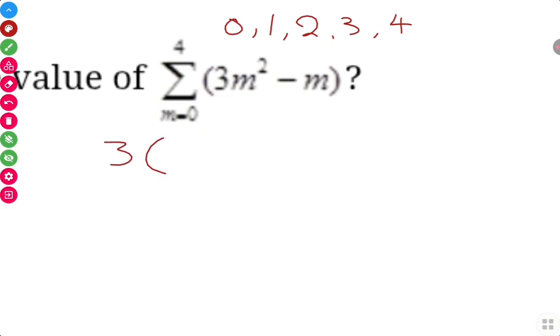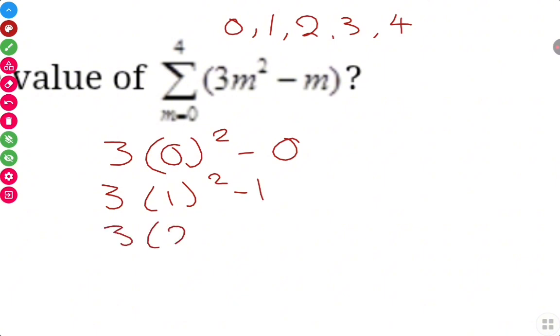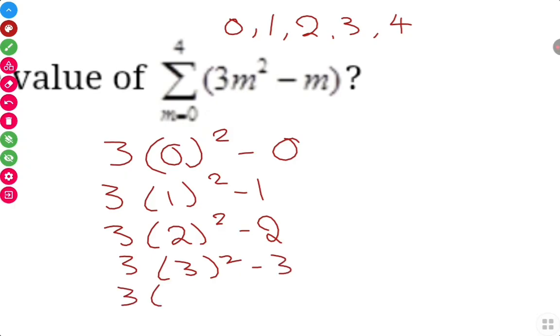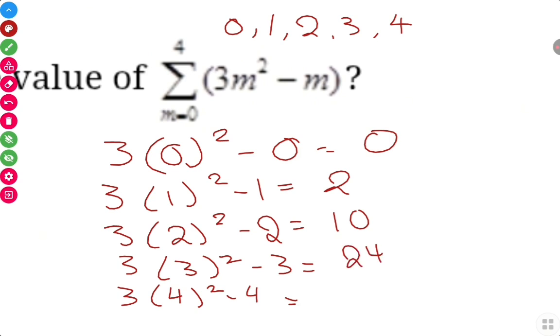So we just substitute 3 times 0 squared minus 0, 3 times 1 squared minus 1, 3 times 2 squared minus 2, 3 times 3 squared minus 3, 3 times 4 squared minus 4. 3 times 0 squared minus 0 is 0. 3 times 1 squared minus 1 is 2. 3 times 2 squared minus 2 is 10. 3 times 3 squared minus 3 is 24. 3 times 4 squared minus 4 is 44.